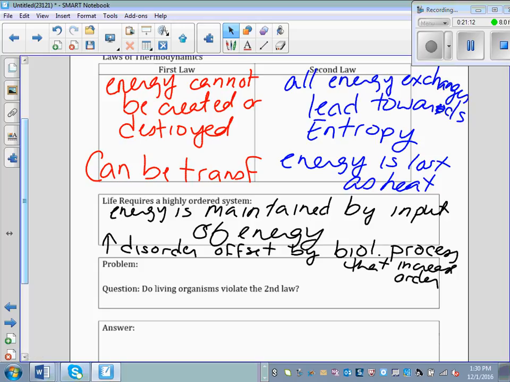So, increase of disorder, increase of entropy, is offset by the biological processes that increase the order. Increased disorder is a bad thing. We don't want increased disorder. So our biological processes try to balance things out.